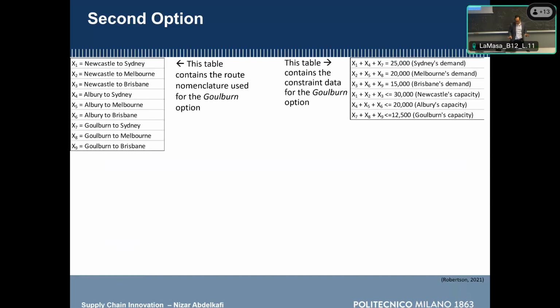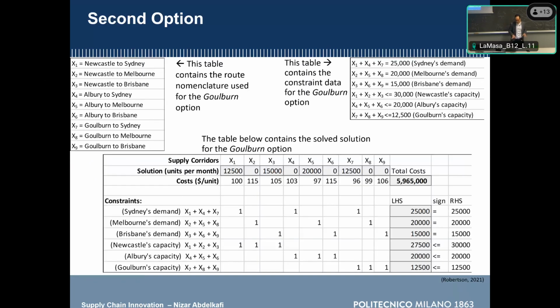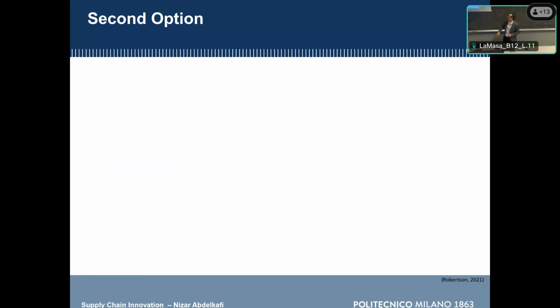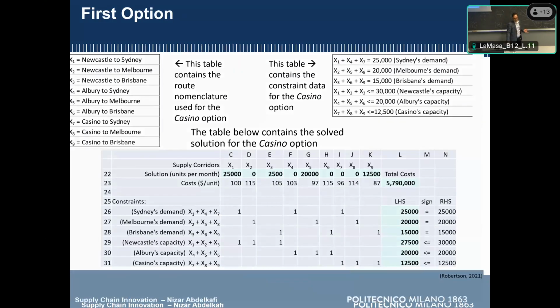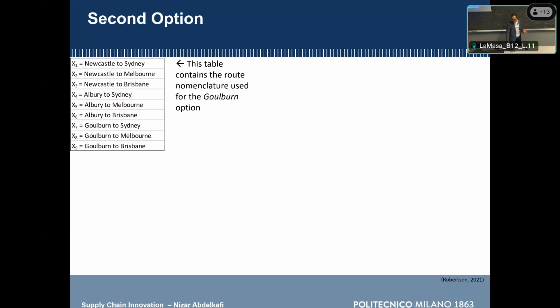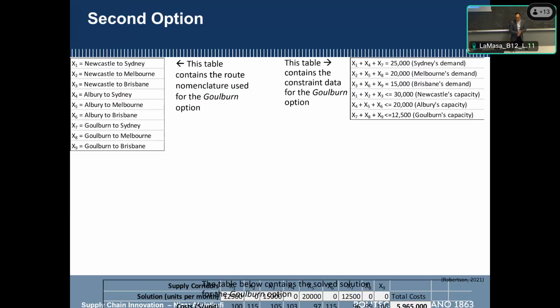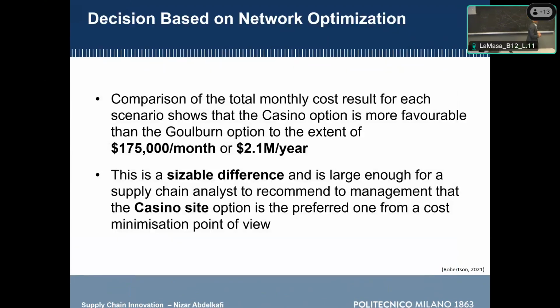It's basically the same, only that we will change the values. And then you can see here that we have 5,965,000, and for the other we have 5,790,000. So there is a difference which makes the first option better than the second option. And then based on this calculation, we will go for the first option.